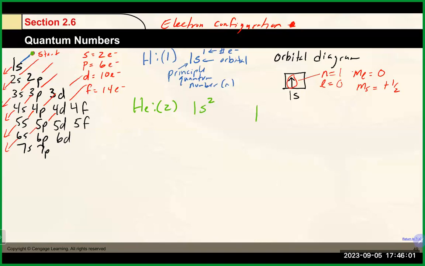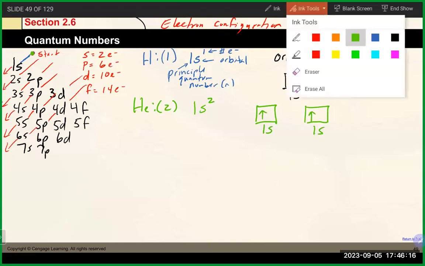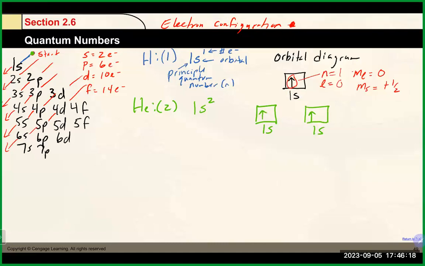Now when we draw our orbital diagram, we have a couple of options as to how we might put our second electron in there. We know the first one is going up. We could put the next one up as well, or we could put the next one down.